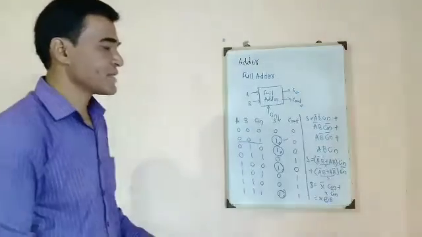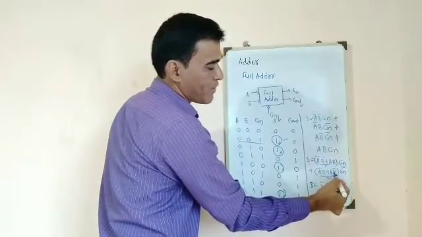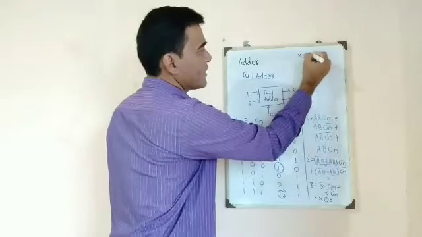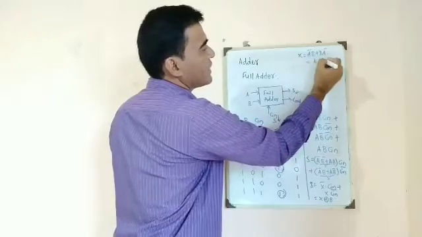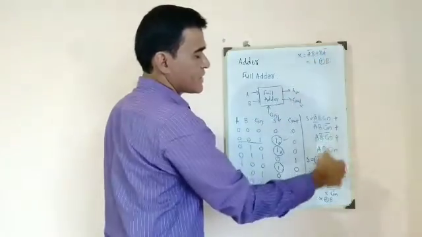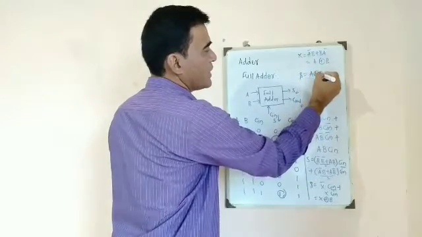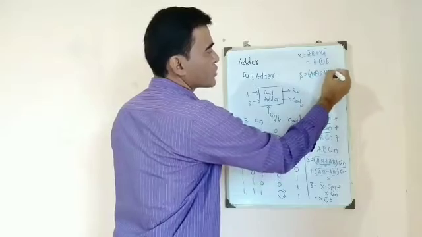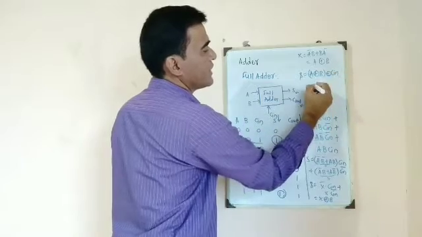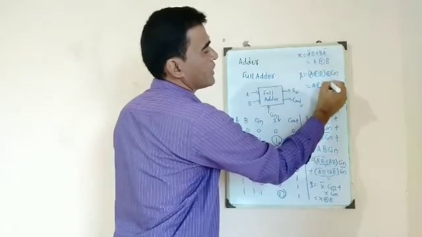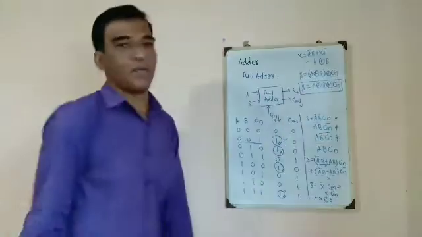Now again this is nothing but the XOR gate output, X complement C in plus X C in bar. Now replace the X by its value. Here X is nothing but A bar B plus B A bar, which is basically A XOR B. Now replace this in the expression and you will get sum equal to A XOR B, XOR with C in. Hence A XOR B XOR C in is the expression for the sum.